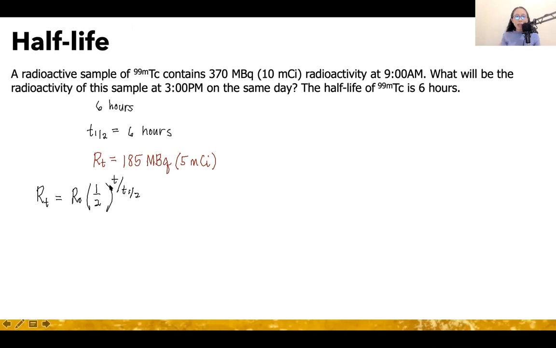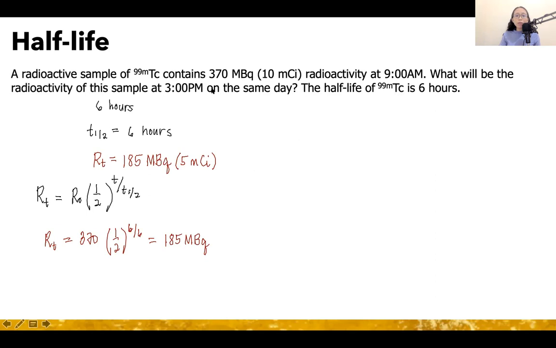At any given time interval t, divide it by your half-life. This will be the exponent of your 1/2, and multiply this by your initial radioactivity. So for this example, we have R sub t equals 370 megabecquerels times 1/2 raised to 6 over 6. This will give you 185 megabecquerels or 5 millicuries, which is half of the starting radioactivity.